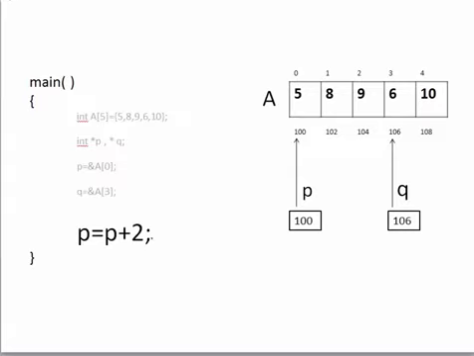Next, constant addition. In a pointer, if I add a constant value, let us say 2, this means move P by 2 elements in the forward direction. Now P is at 100, so P should point to 104. It should move by 4 bytes, meaning 2 integers. Yes, here it is. P is pointing to 104.